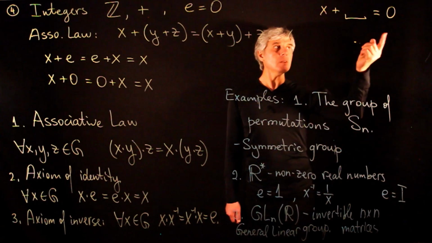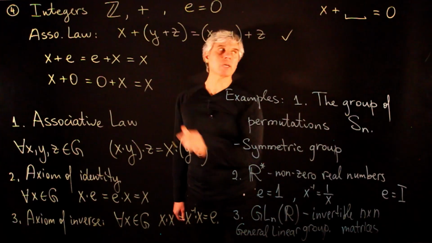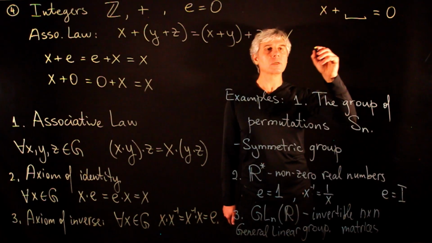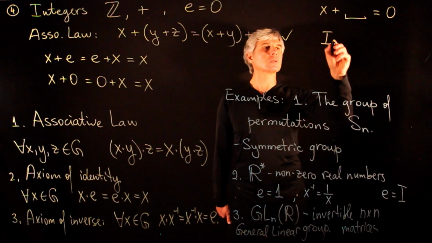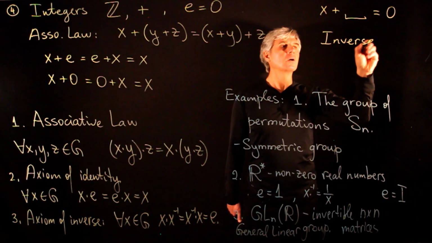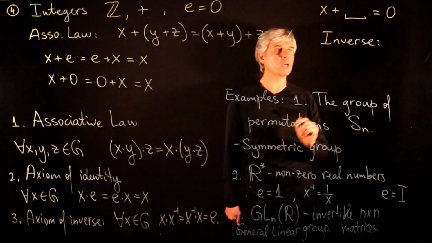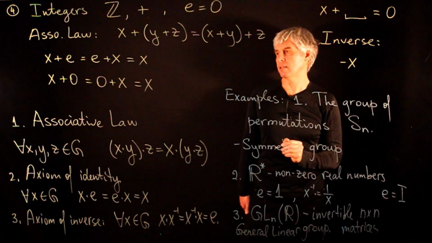And so we see that the inverse with respect to addition is the unary minus operation. So the inverse in the context of integers, with multiplication being replaced by a plus, is the operation minus x. So we take the opposite element.